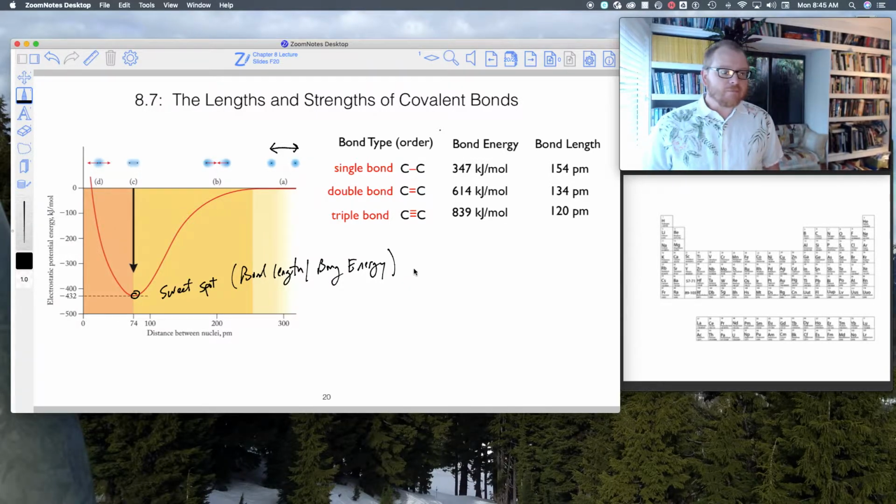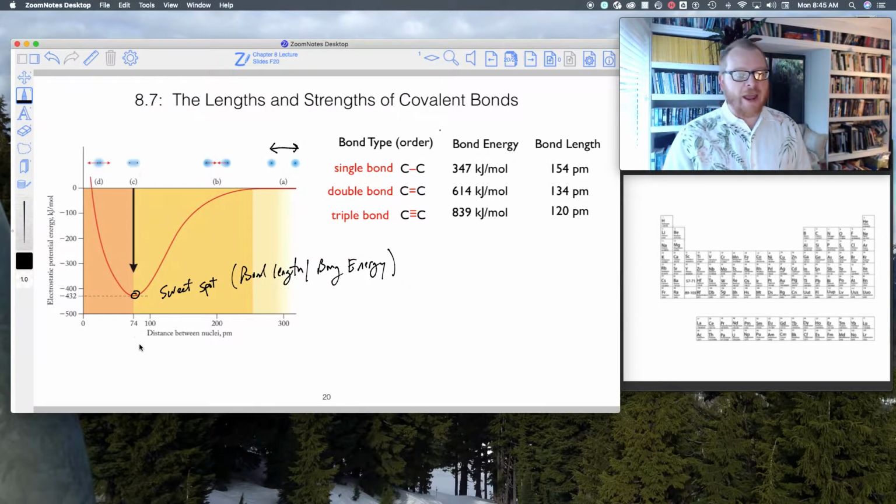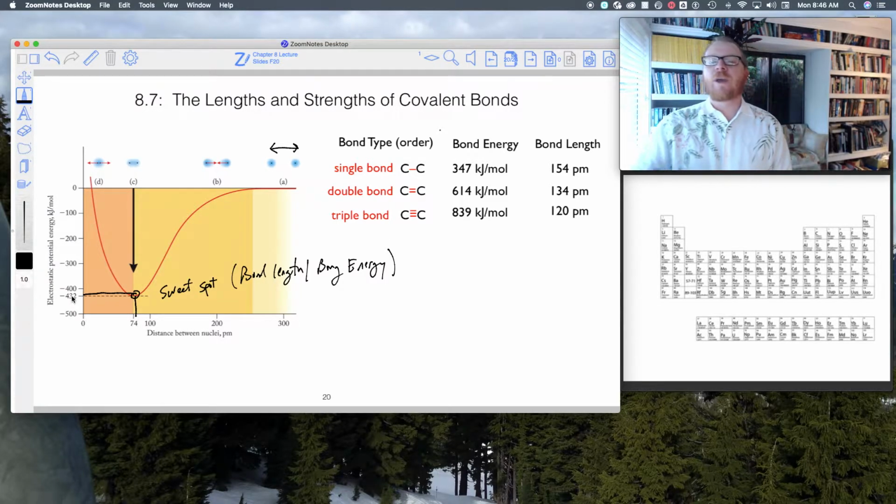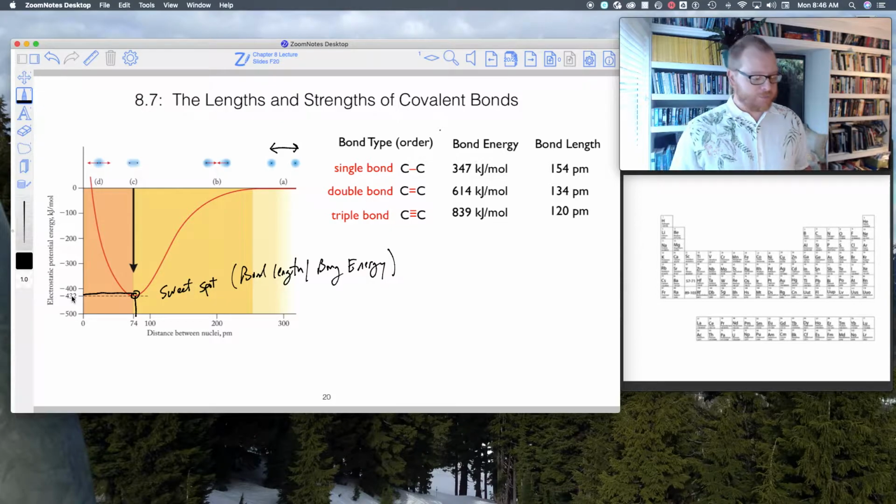This is not connected to the data that I have right here, but whatever these two nuclei are, we would say they have a bond length of 74 picometers, and a bond energy of 432 kilojoules per mole. So we just use the absolute value. Again, we view this as negative just as a reference point.